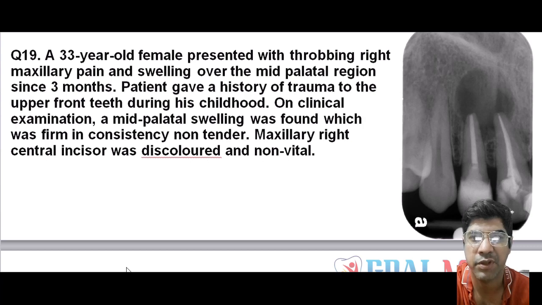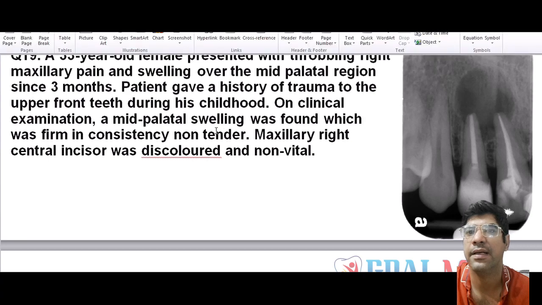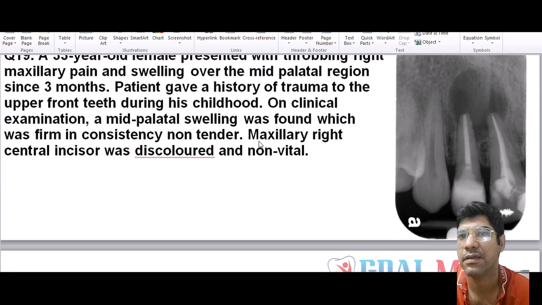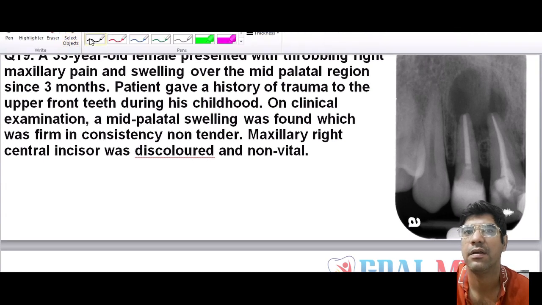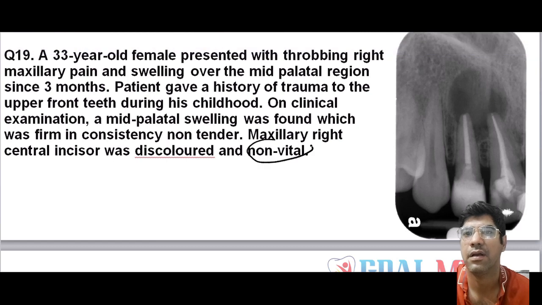Your diagnosis would be radicular cyst, which is commonly seen in non-vital teeth like the central incisors. It is the common presentation of a radicular cyst.